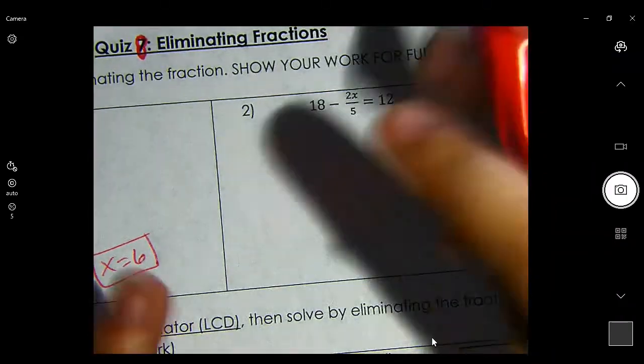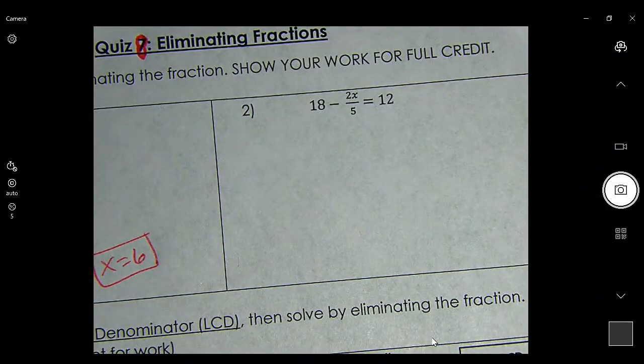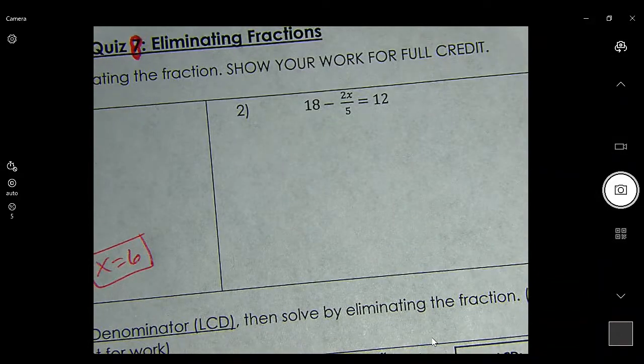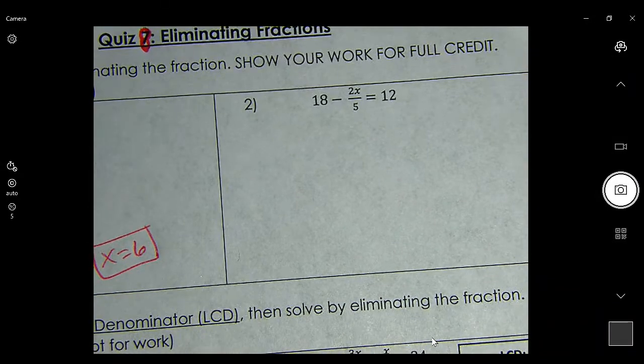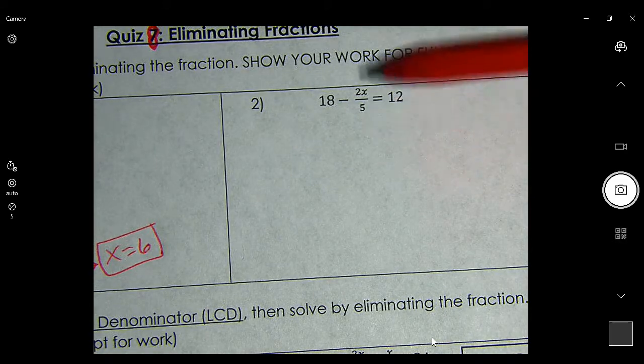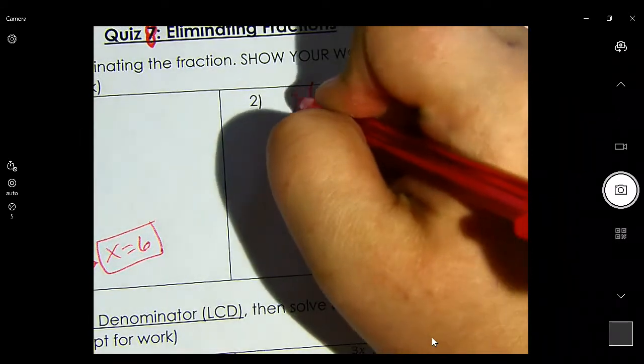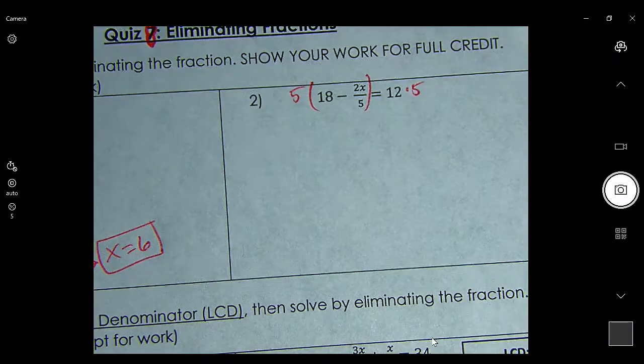Okay, number 2. It's the same thing. I just switched the order around. Just trying to trick you guys. Okay, so I'm still going to multiply by the denominator of my fraction. And in this case, the denominator is 5. So I'm going to multiply everything times 5.